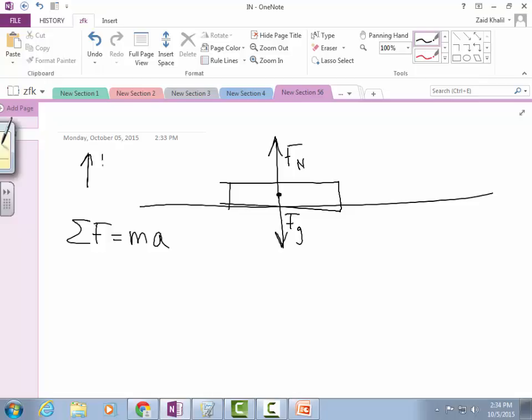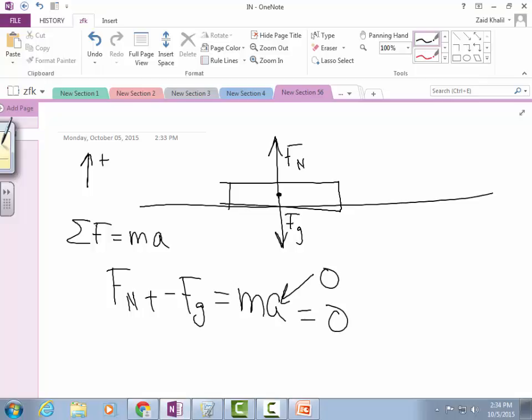Up. So it's positive. And which direction is Fg? Negative. So you have Fn plus negative Fg, and that's equal to ma. But what's a? A is 0. So therefore, Fn equals Fg, which equals Mg.